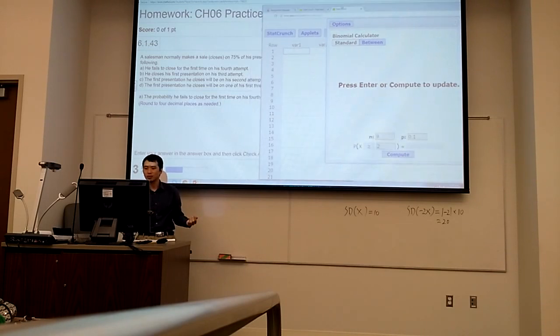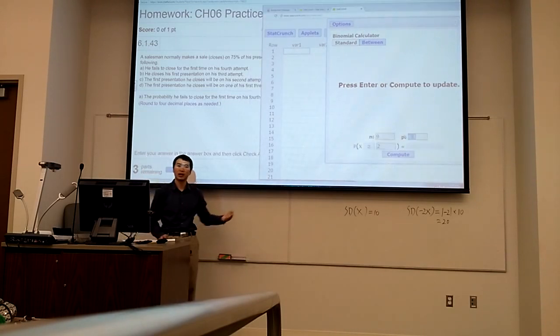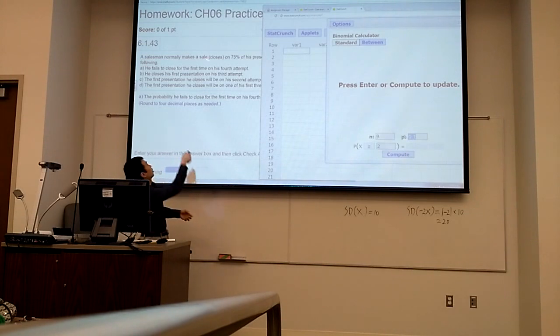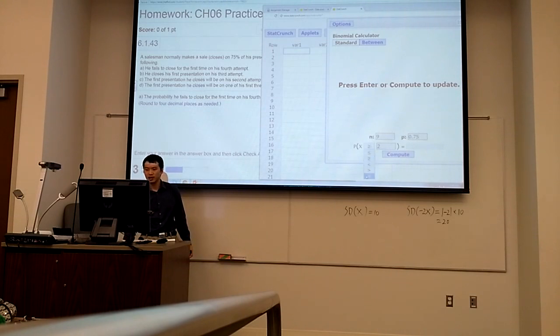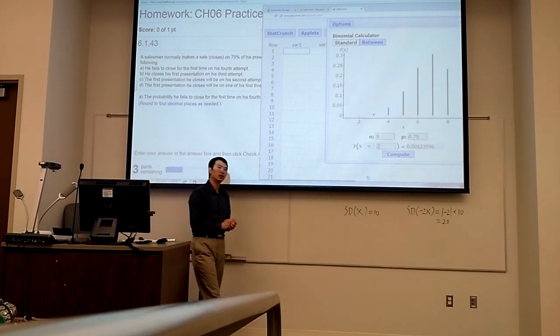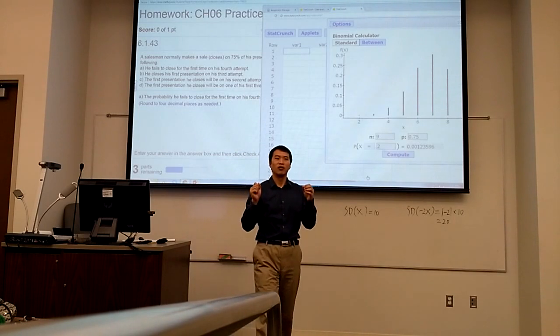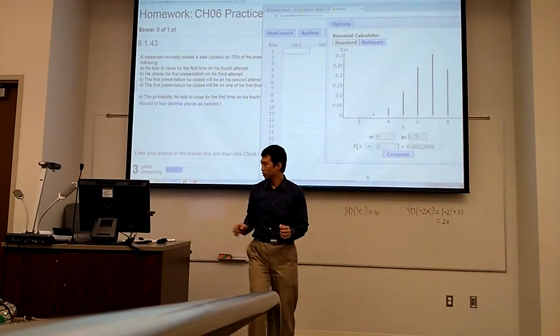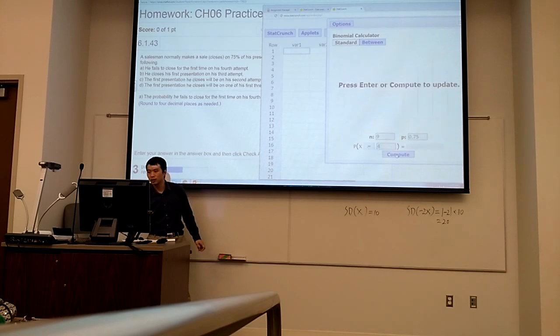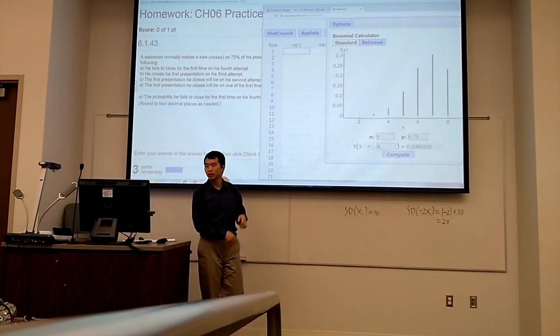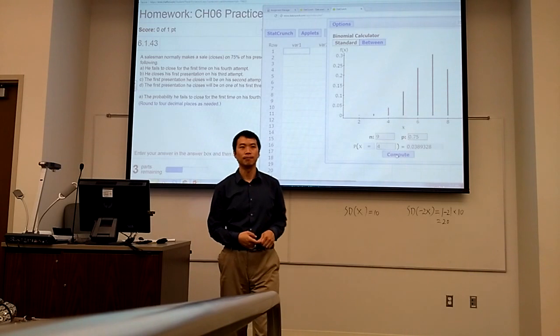And the probability of success, let's use a number here. So that's 75%. And I said I'm interested in exactly 4 successes. 4 successes. Then that's the probability.